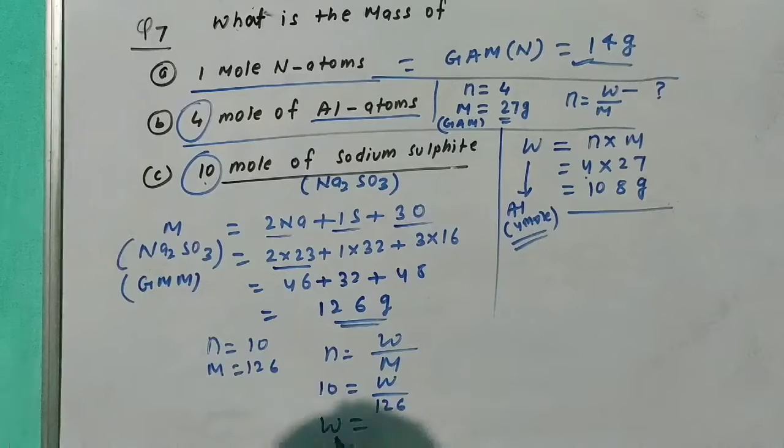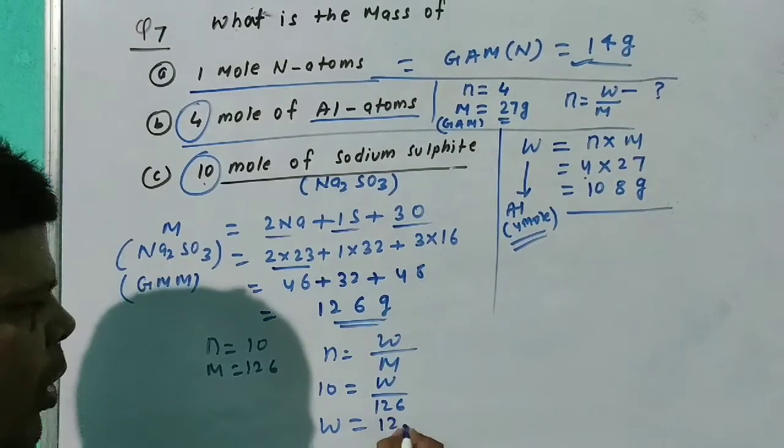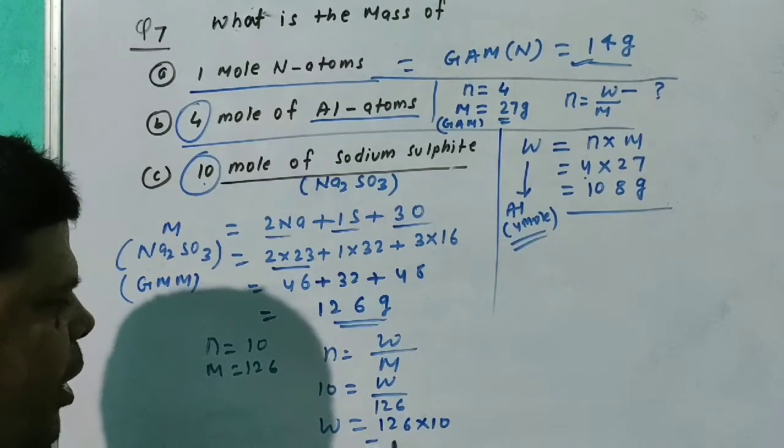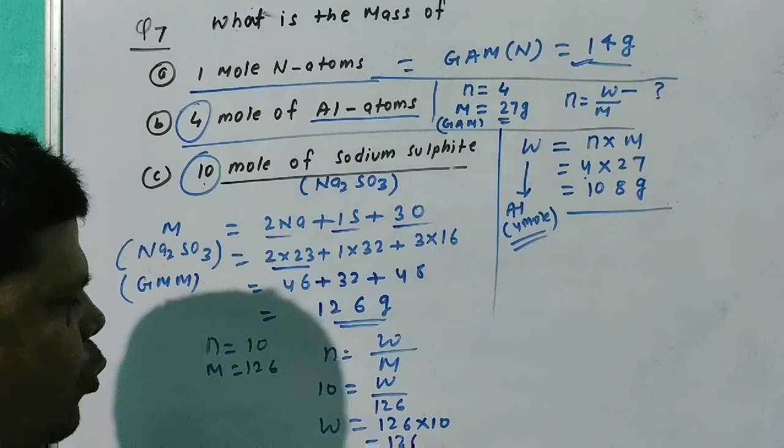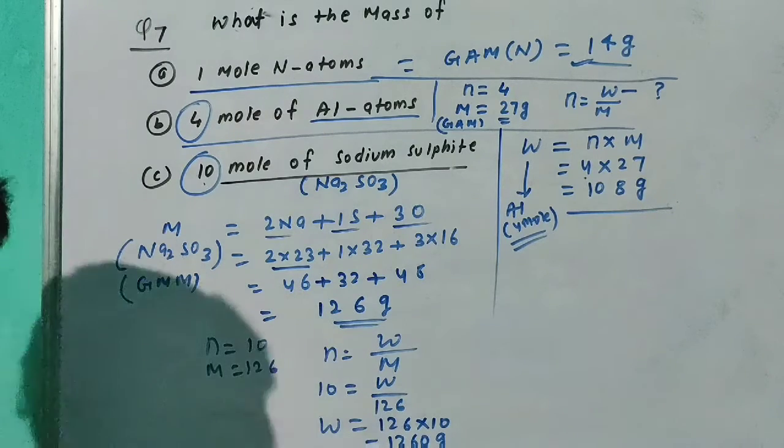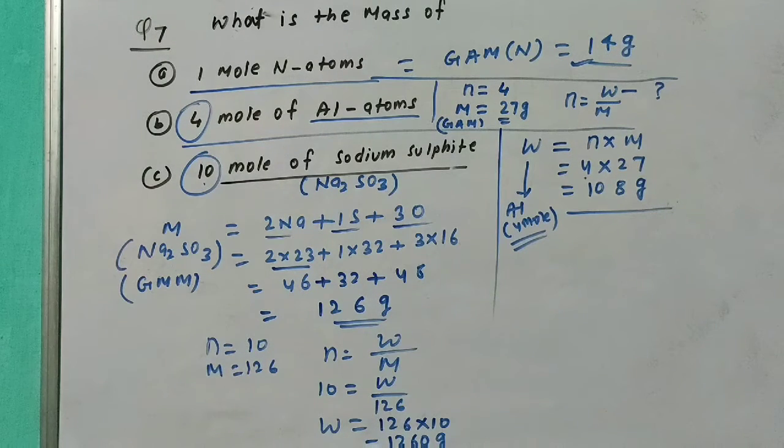Given mass would be equal to 126 into 10, and that is equal to 1260, this much gram, 1260 gram.